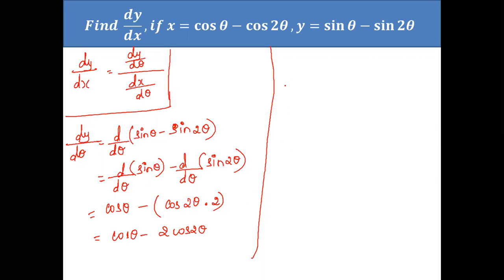Okay, then you find dx/d theta. That is d/d theta of cos theta minus cos 2 theta.